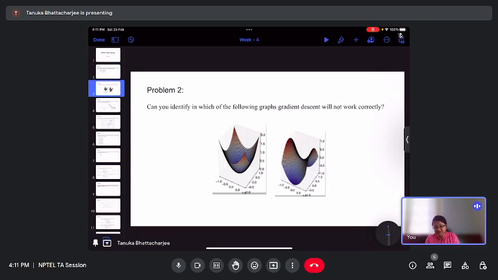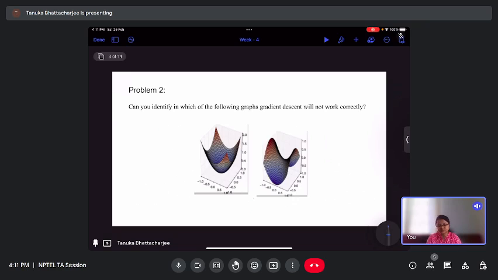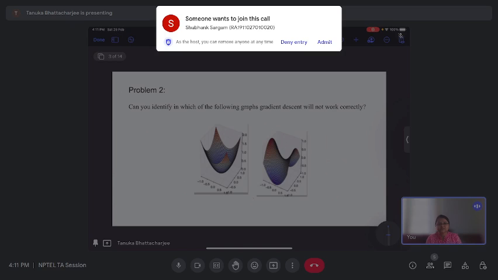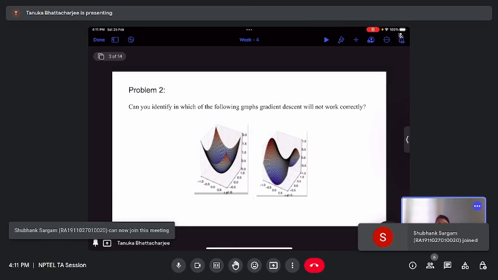Now given that, the next problem says, can you identify in which of the following graphs gradient descent will not work correctly? So can anyone answer this question? Which one do you think is the case where gradient descent will not work correctly?